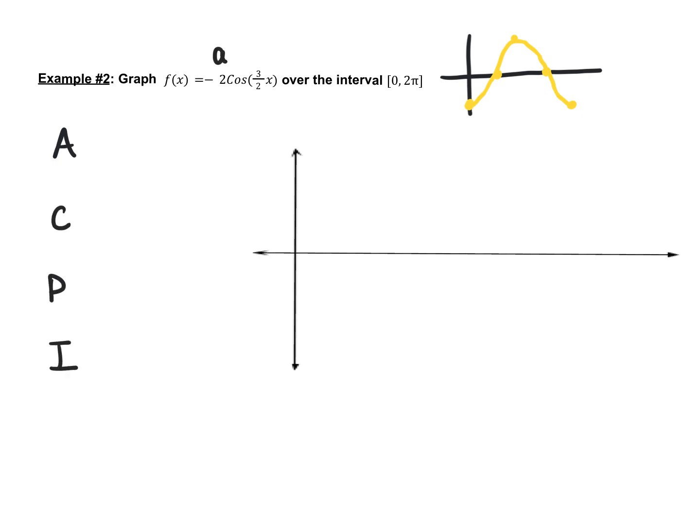So A is the absolute value of the number in front. So the absolute value of negative 2 is 2. C is my cycles, which is the B value, which is the number in front of the X, which is 3 over 2. And our period is defined by taking 2 pi and dividing it by B, where B is our cycles.